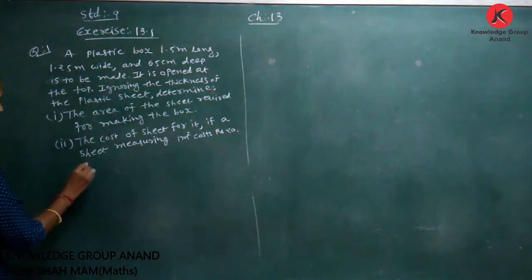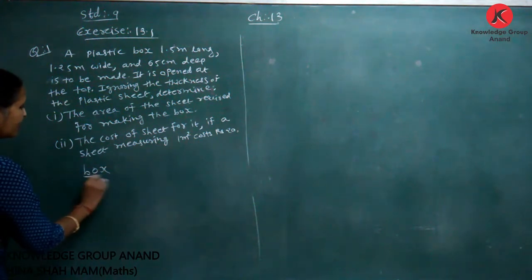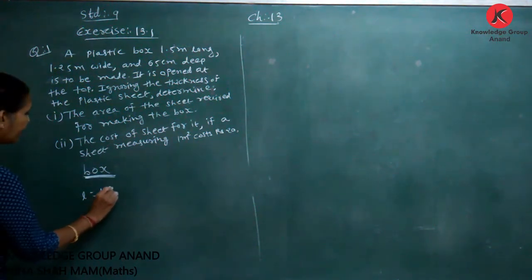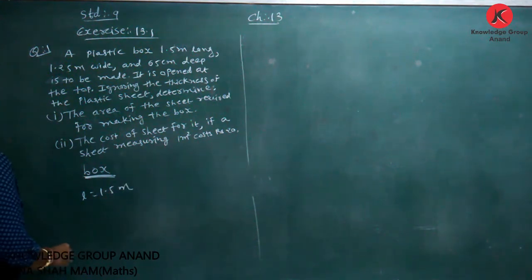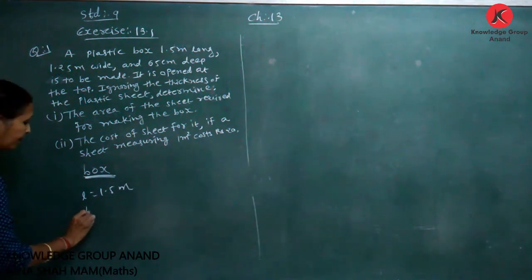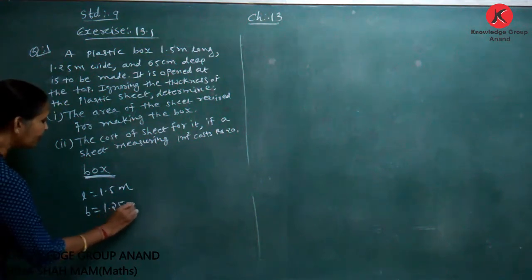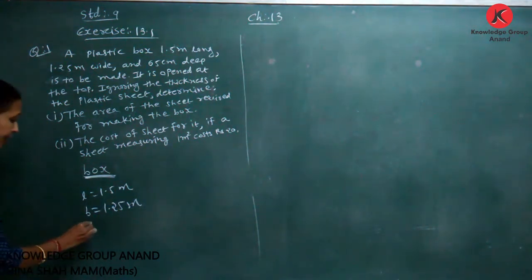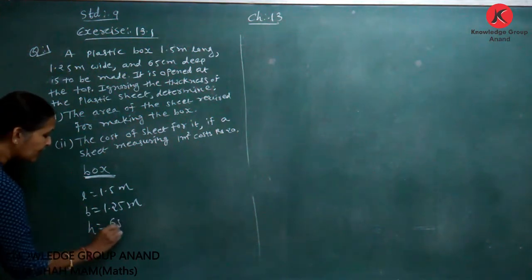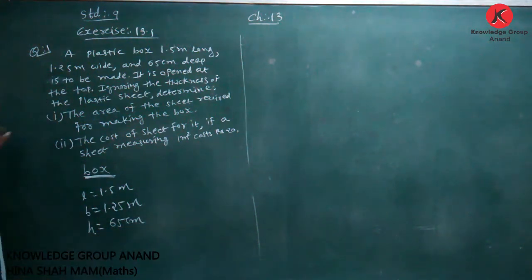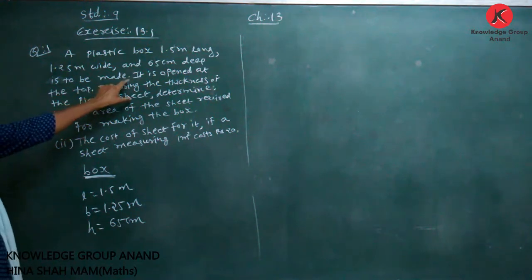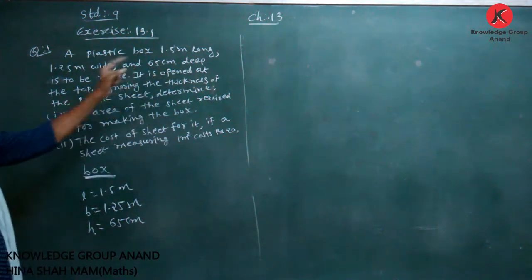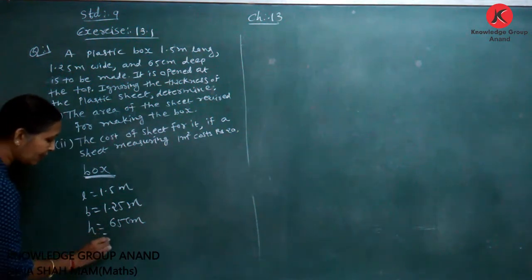Now, what is its length? Length of the box is 1.5 meter. Breadth is 1.25 meter, and 65 centimeter deep, so height is 65 centimeter. Here all measures are in meter, so we convert centimeter into meter.